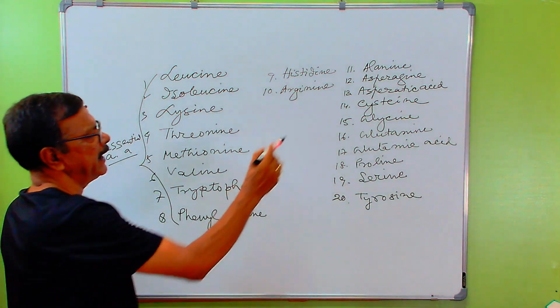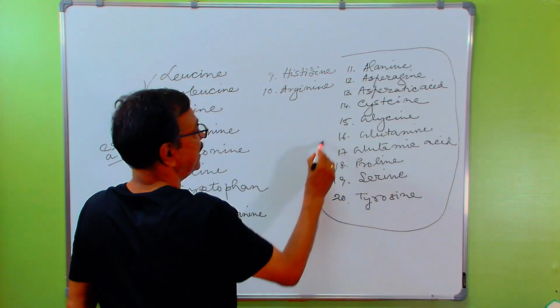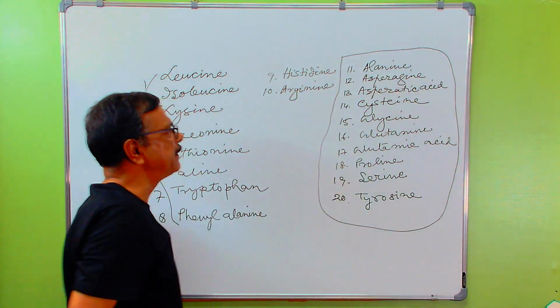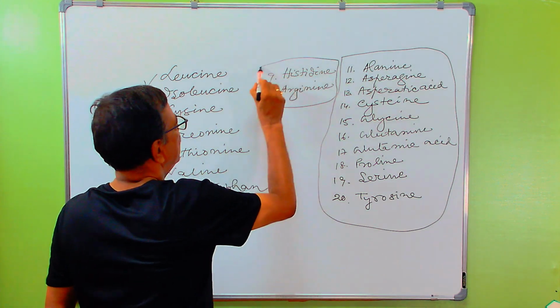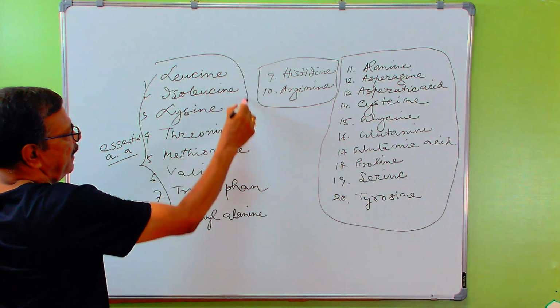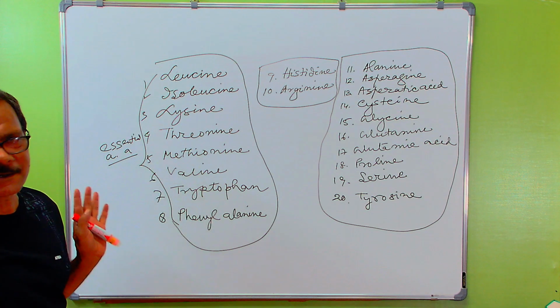These are less required amino acids, but they are required. These are semi-essential amino acids, write it down. And these are essential amino acids. There are 20 amino acids.